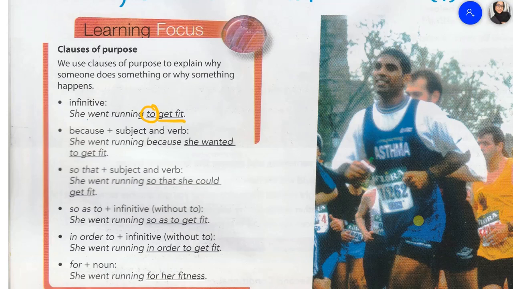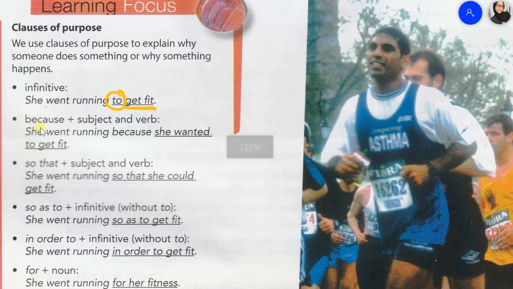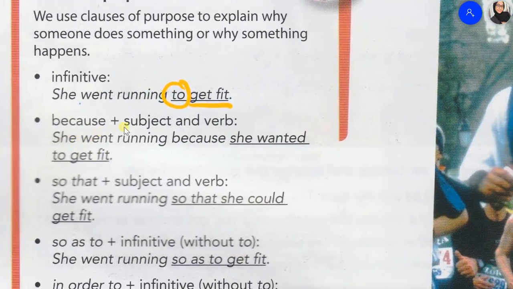The next structure is because, followed by subject and verb. Let's look at the example. She went running because she wanted to get fit. Now this is the word because. Let's highlight this. Because. Now, where is the subject?